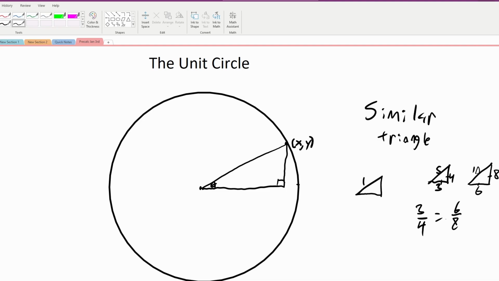And it's because of this that this circle can represent every single possible right triangle, but instead of being a hypotenuse of size 20 or 15 or 0.2, it's specifically the similar triangle version where the hypotenuse is 1. Now, it's because of this property that all the sides are proportional that we form our six trigonometric functions.